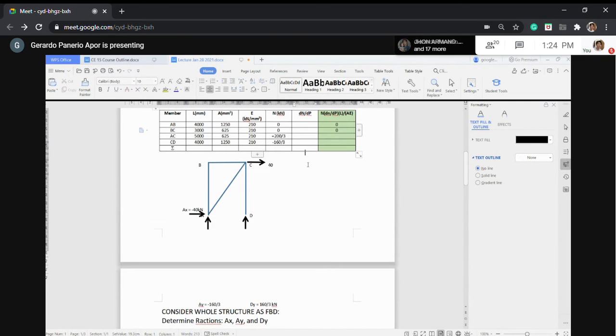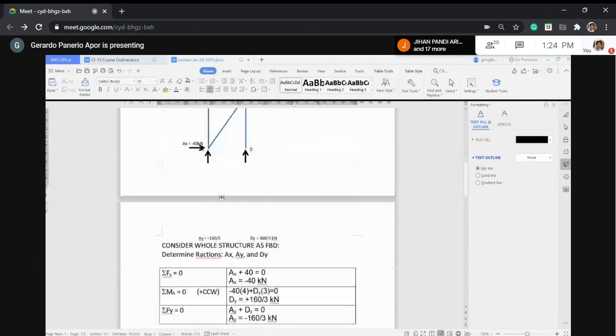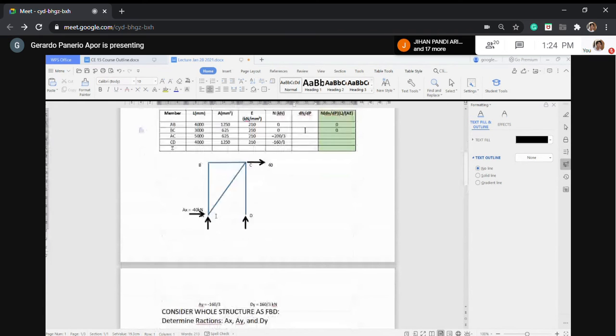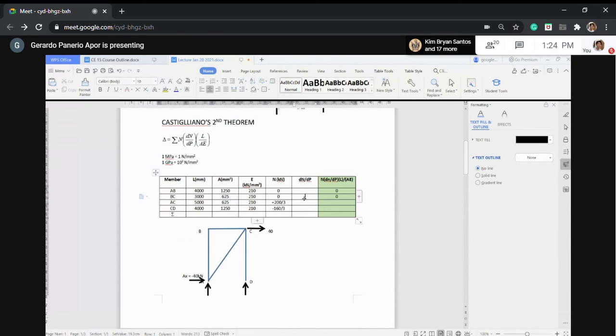The next thing is tricky. Here you are going to determine the N. The N are just the internal forces of the truss due to the real load.